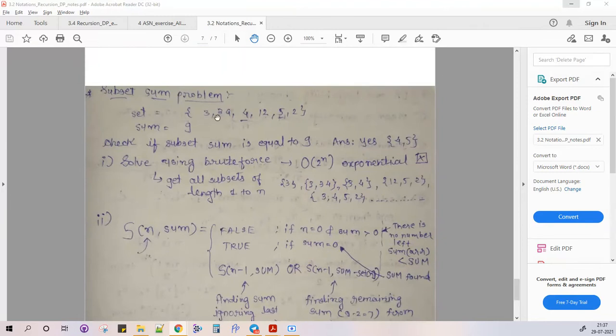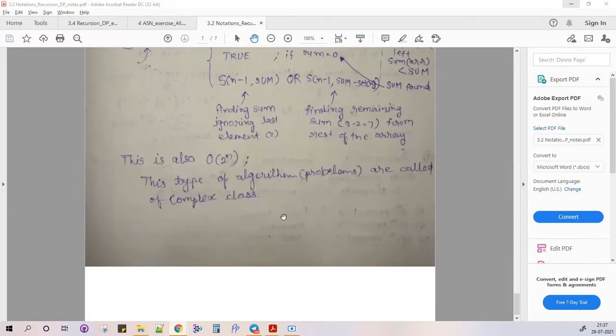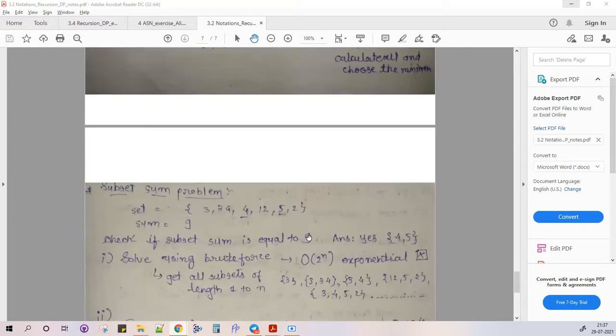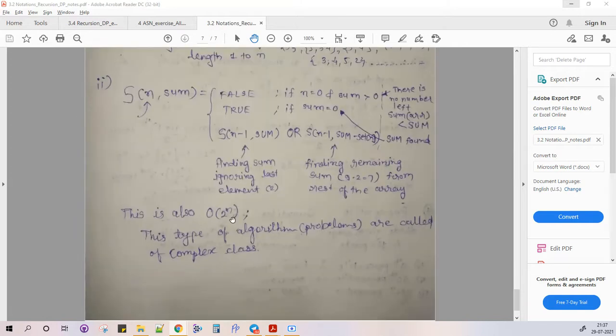We don't have any numericals based on this, but it is a special complex class algorithm, that it is exponential time only. Currently there is no algorithm known to solve it in less than exponential time. So it is a complex class algorithm, to be said, right?